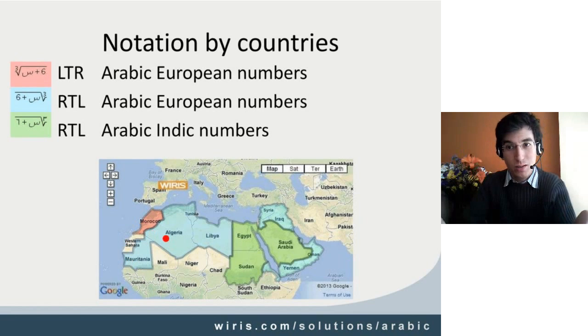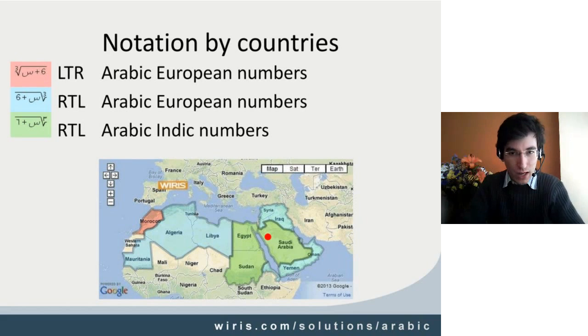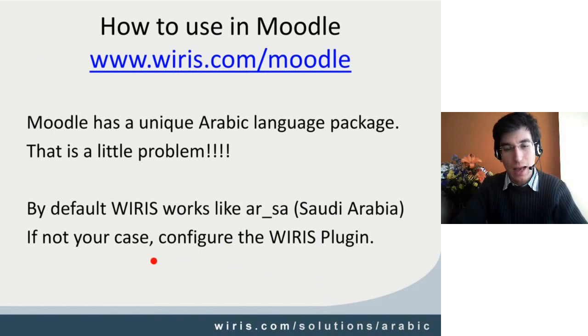So when Moodle introduces this feature, then of course we will read the Moodle configuration, and you will not need to touch anything in the configuration file of WIRIS. But today you need to configure this file, unless you're happy with the Saudi Arabia Arabic configuration.